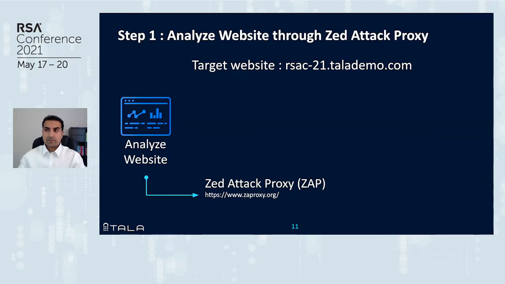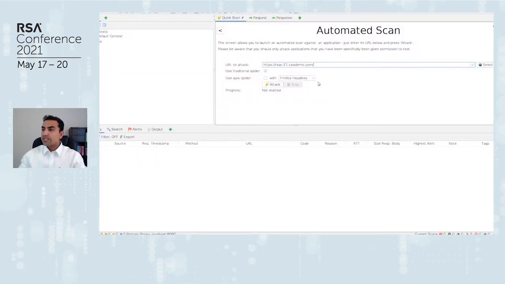This is the start page of ZAP, and I'm going to run a scan against my target website. I've set the options in ZAP already so that it will try and explore all links possible and look for all the resources that are present on this website. So let's hit attack to start the process.